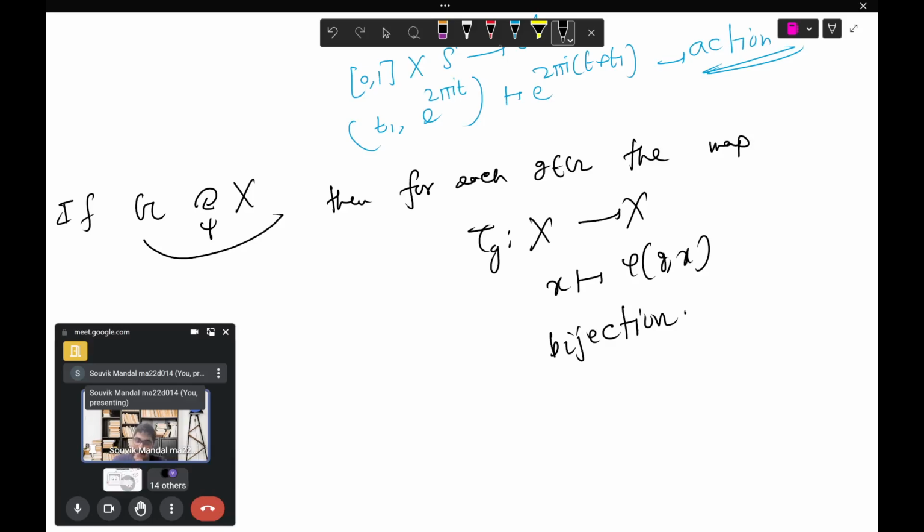It is a fact, and it can be proved directly from the definition of group action. So how to prove this? You need to check that this tau g is a bijection for each g.